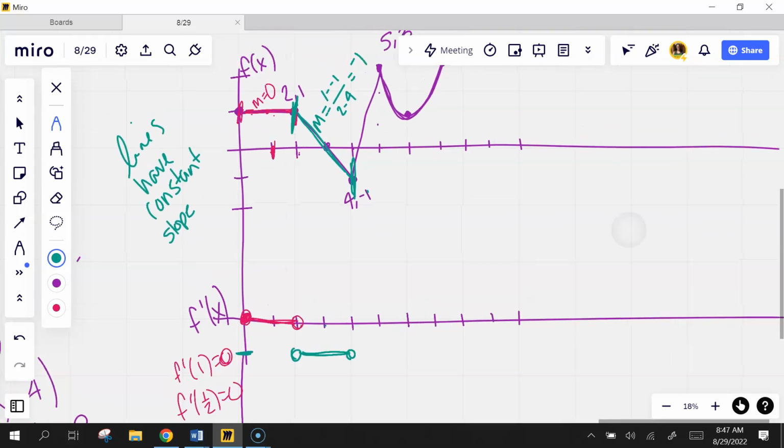All right, you try the next little piece. See what you think it'll be and where it goes. Is it constant? Yes, it's constant because it's linear, right? Can we see that?